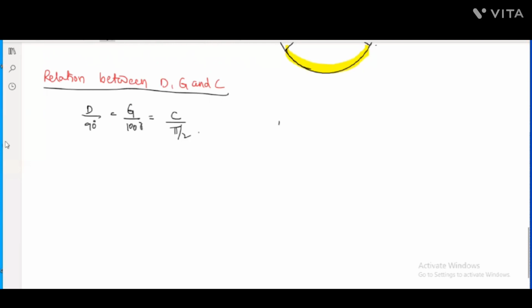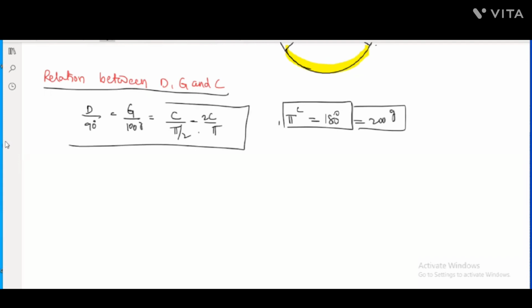In radian system, pi radians means 180 degrees, which is equal to 200 grades in the centesimal system. This can also be written as 2C by pi. So there is a relation between these three.